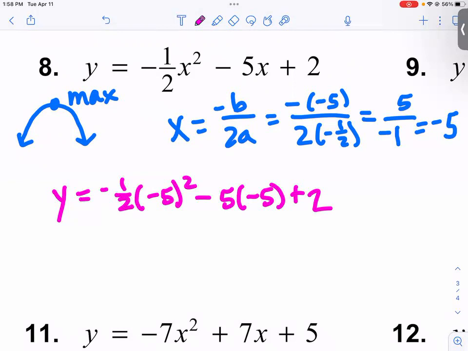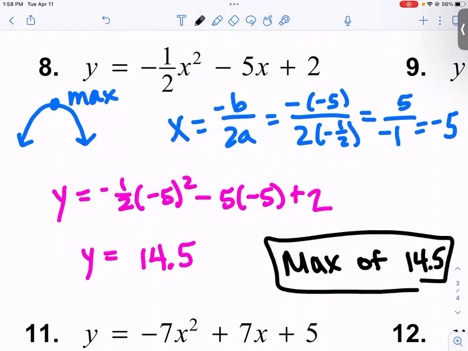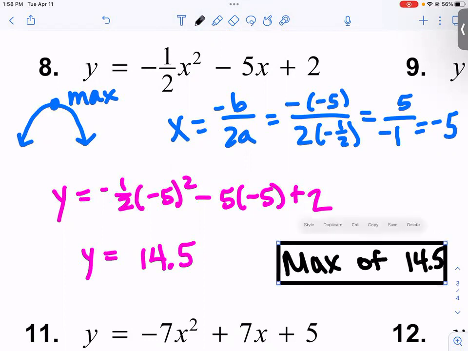So I have negative 1/2 times 25 plus 25 plus 2. I know we're short on time, so I'll tell you. It's 14.5. Okay. So we have a max of 14.5. Yes, it's occurring at negative 5, but we need the y value to know what the maximum is.